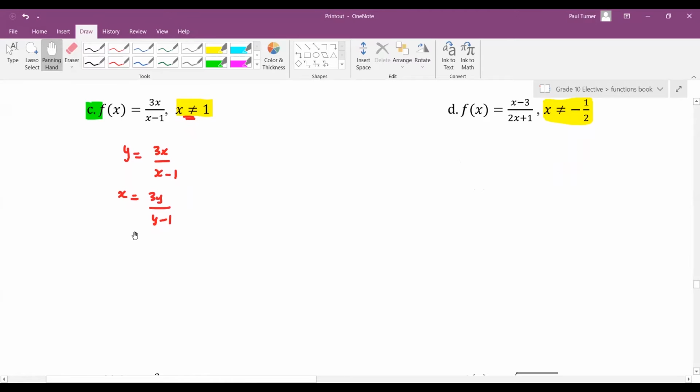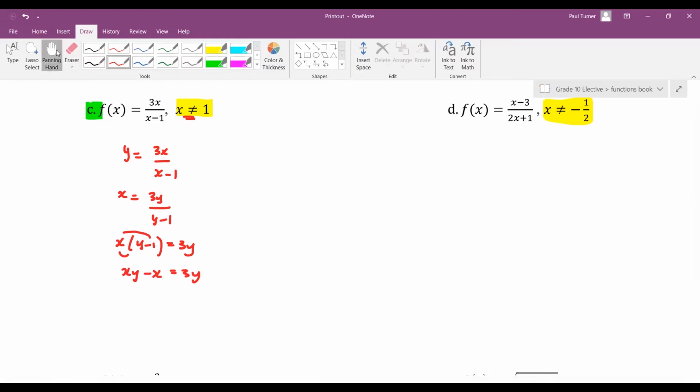And then we cross multiply: x times y minus 1 equal 3y. And then we need to expand this out. So we'll get xy minus x equals 3y.